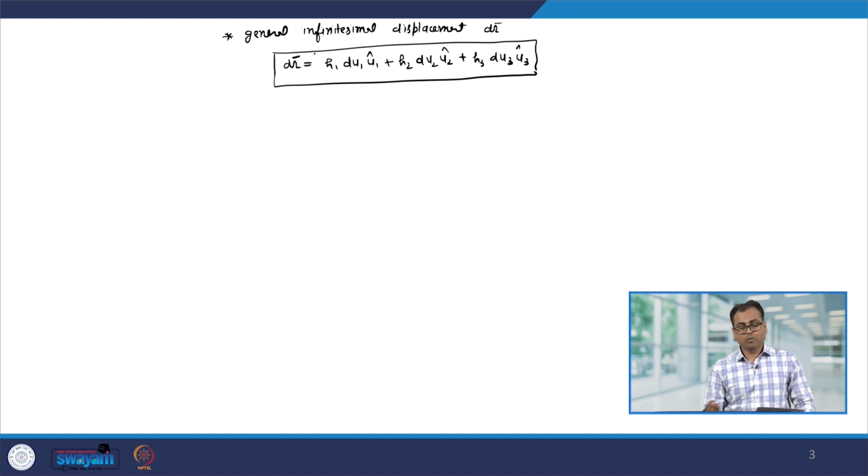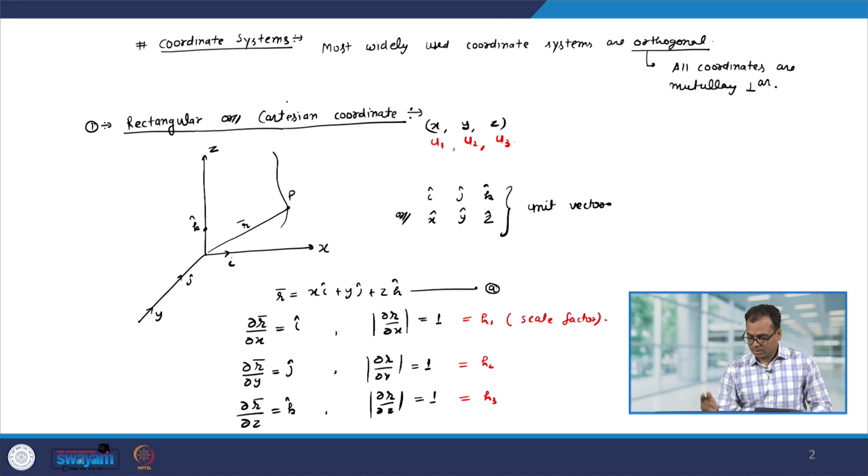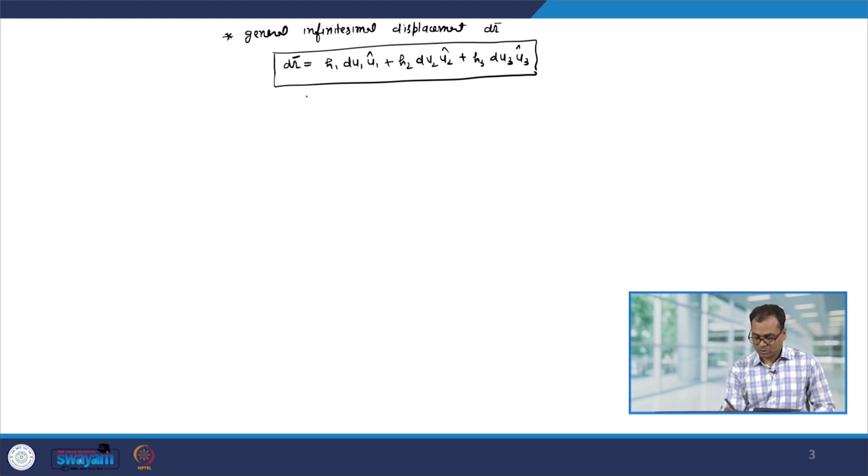Okay. I am not proving this formula, but we will use this formula in various coordinate systems. So, here h1, h2 and h3 are 1, 1, 1, and u1, u2, u3 are x, y, z. So, therefore, dr vector will be 1 dx x cap or i cap plus h2 is 1 dy j cap plus 1 dz k cap.